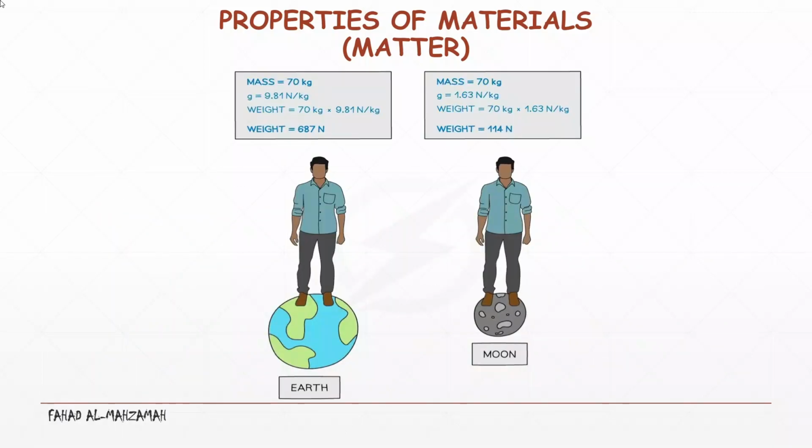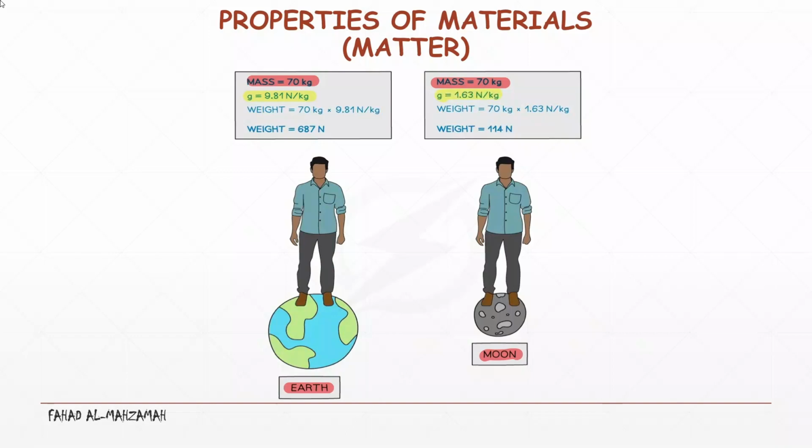This is an example where the mass of this man is 70 kilograms. Here we have the Earth and the Moon. We can observe that the mass is kept the same. However, the acceleration of gravity on the Earth is 9.81 meters per square second, which is the same as Newton per kilogram; it's another expression.